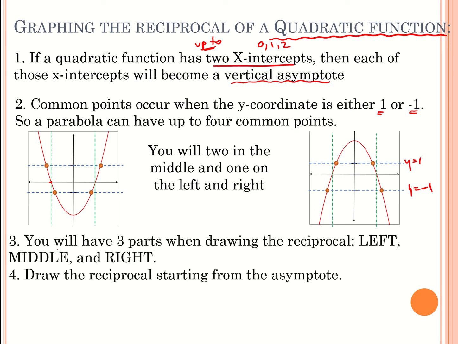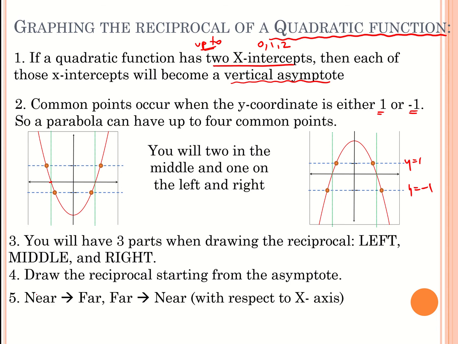So in general is, hey, you will have 3 parts when drawing the reciprocal, left, middle, right. And so you always draw them starting from the asymptote, okay? So you start from the green line, okay? And in general, if the points on the parabola are near the x-axis, the reciprocal will be far. And if the points are far from the x-axis, then the reciprocal will be near, okay?